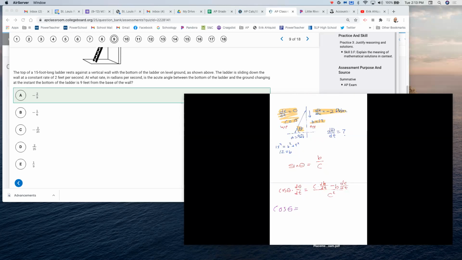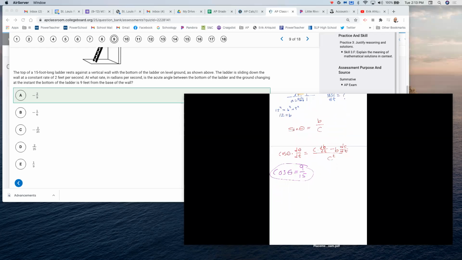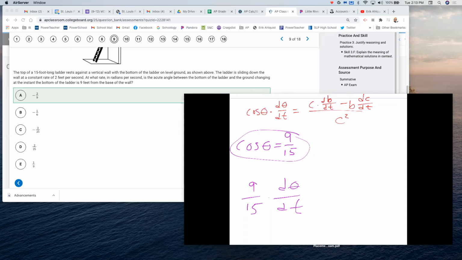is actually equal to 9 over 15. Do you guys see that the cosine of theta is 9 over 15? So if the cosine of theta is 9 over 15, then I go 9 over 15 times d theta dt is equal to 15 times negative 2 minus 12 times 0 over 15 squared.